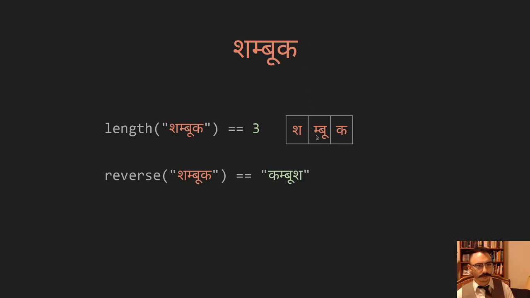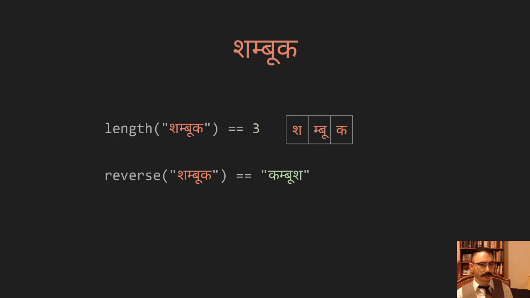The second is mbu, here. And the third is ka, here. If you were to reverse the 3 aksaras, or 3 characters, you'd get ka, mbu, sha. In other words, kombucha. So this is the traditional way of analyzing a word in Sanskrit, or many other Indian languages as well.